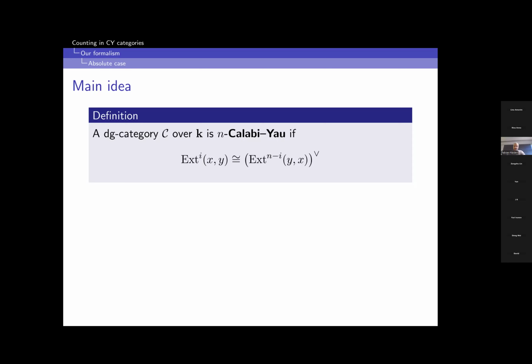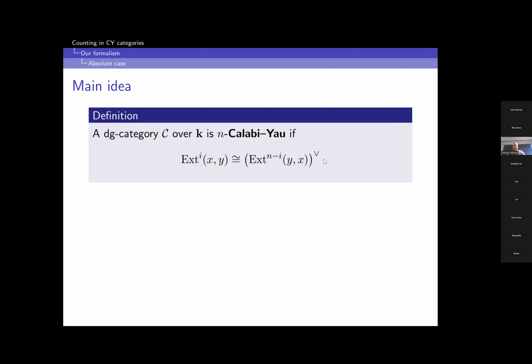The symmetry that we'll impose is that the category is Calabi-Yau. There are different versions, but the simplest one is to say that you have a kind of Poincaré or Serre duality in your category, where Ext^i between two objects is isomorphic to the dual of Ext^(n-i), for an n-dimensional Calabi-Yau category, and the objects go the other way.